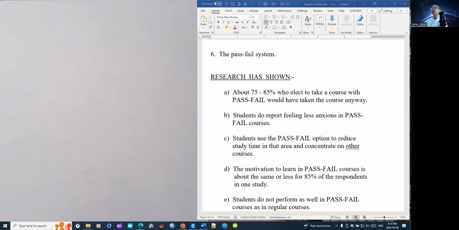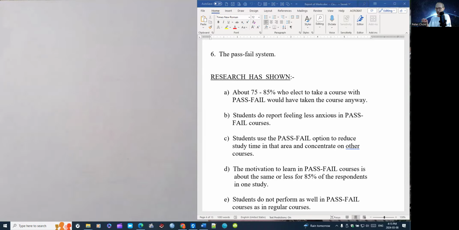Some researchers argued in this way: using a pass-fail system encourages students to take courses they would otherwise not take because of a fear of lowering their grade point average.